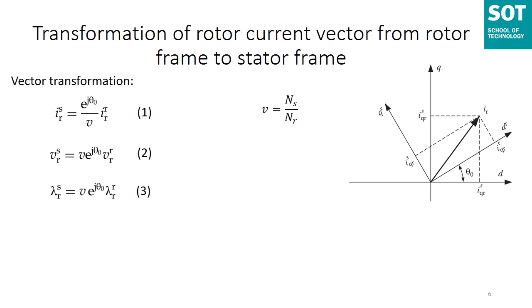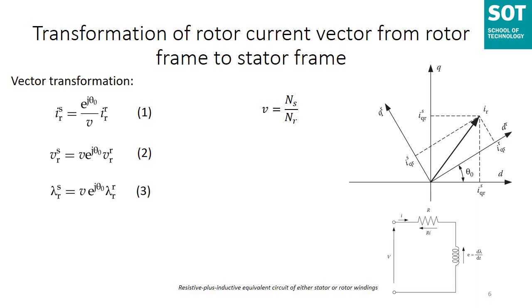That means there will be one RL circuit for the stator winding and one different RL circuit for the rotor winding. For simplicity, I have represented here a generic R and a generic inductance L.